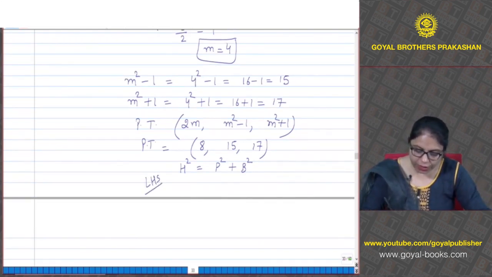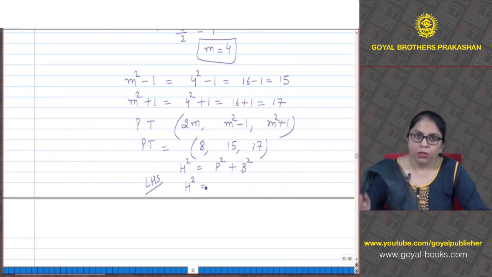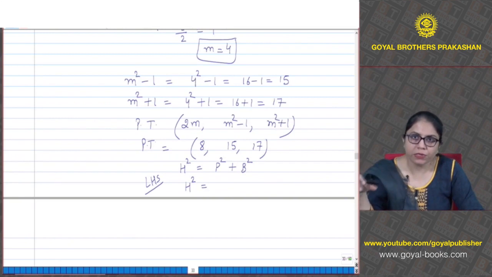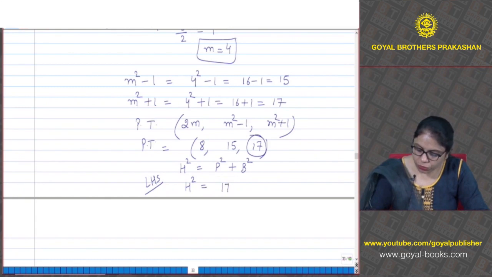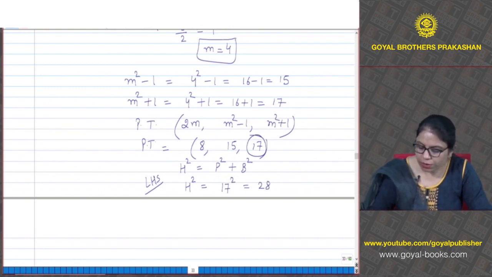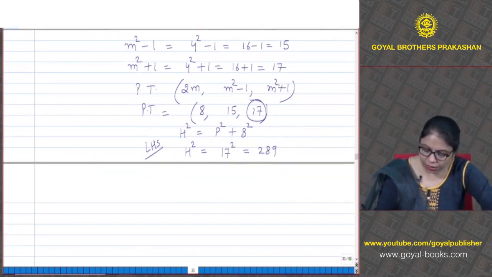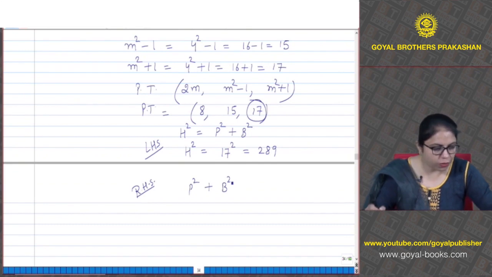First of all, we will take our left hand side, which is hypotenuse square. In all the 3 sides of right angle triangle, hypotenuse is always largest one. So in these 3 members, the largest number is 17. So we will find 17 square, which is 289. Now we will take right hand side. Our right hand side is perpendicular square and base square.